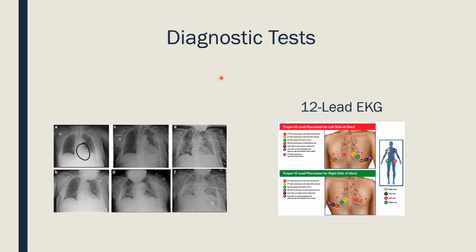Now, for other diagnostic tests, we have the chest x-ray. The chest x-ray will tell you if your patient is developing fluid volume overload in their lungs. So, of course, this is what normal looks like, and you can see the silhouette of the heart.